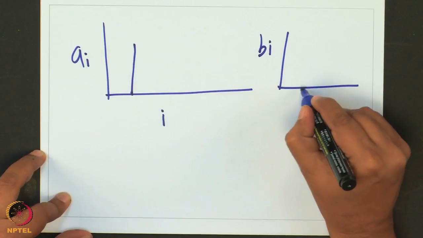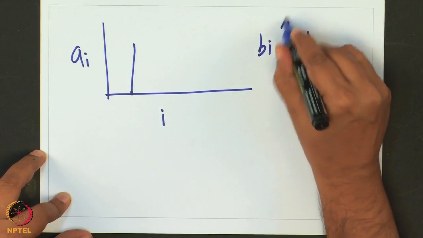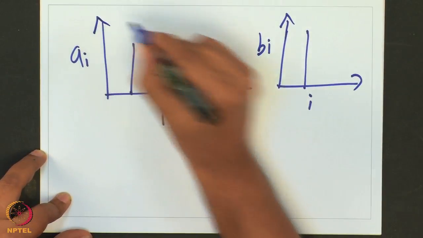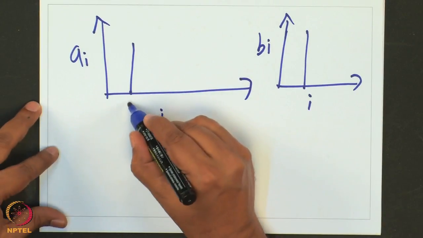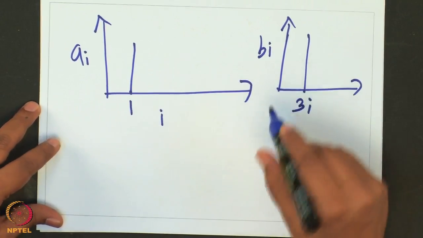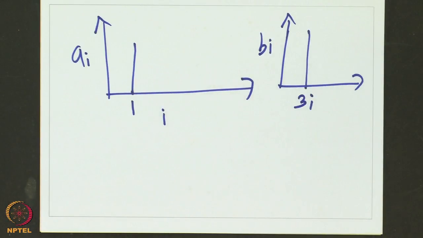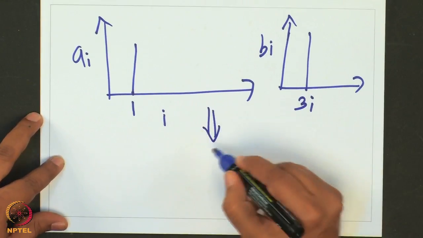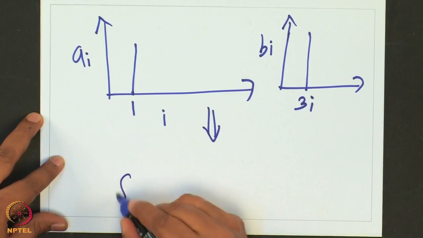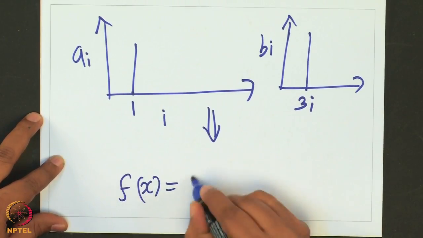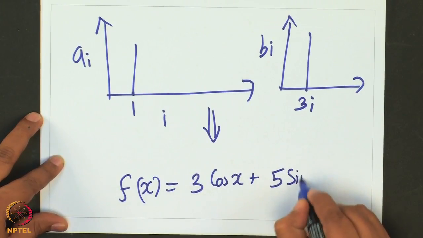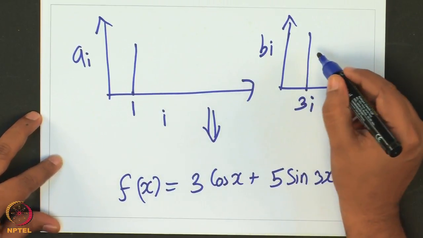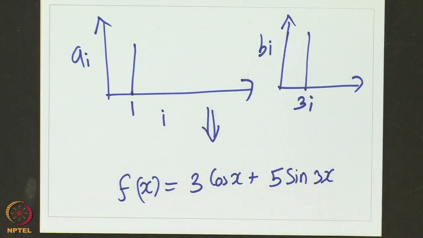I can specify peaks here, for particular i values: here i is equal to 1 and i is equal to 3 here. If I specify this kind of a graph, correspondingly this would imply that my f of x is 3 cos x plus 5 sin 3x. For example, this is the thing that we just described.